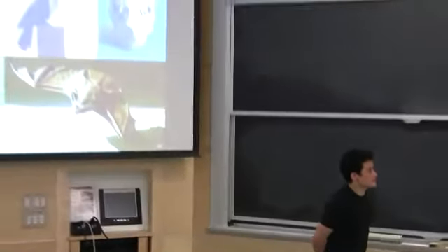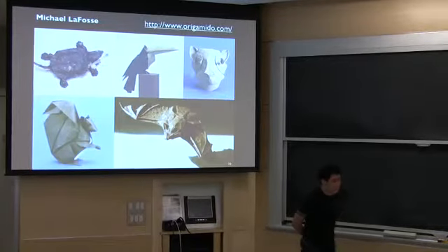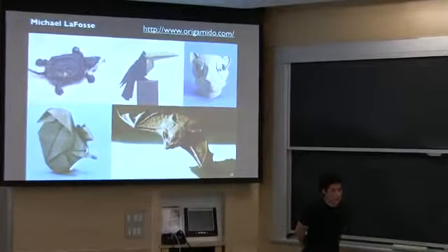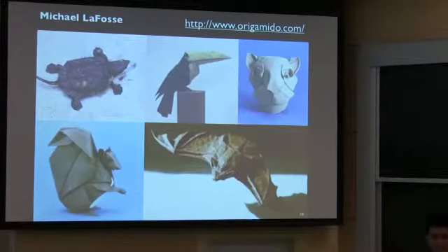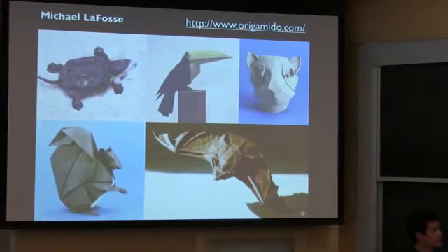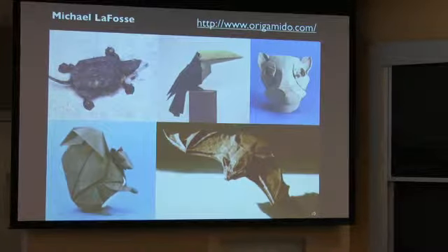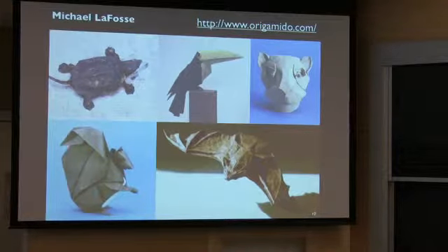Here's another good example, Michael LaFosse. He's a paper folder who actually resides here in Massachusetts. He's in Haverhill, something like that, Massachusetts. He is unique among origami designers in that he is also an avid paper maker.